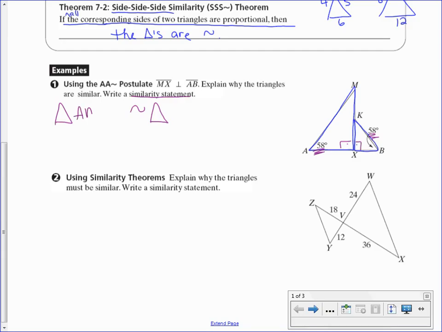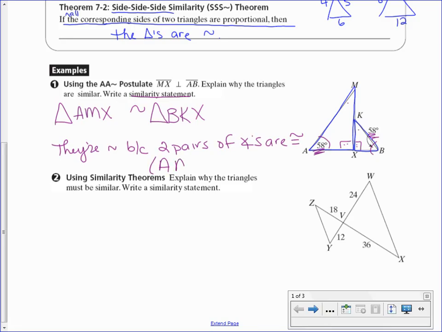So if I said AMX for the first one, I would have to do BKX for the second. Explain why they're similar. We could just say they are similar because two pairs of angles are congruent. And the shorter way to say that is they are similar by angle-angle similarity.